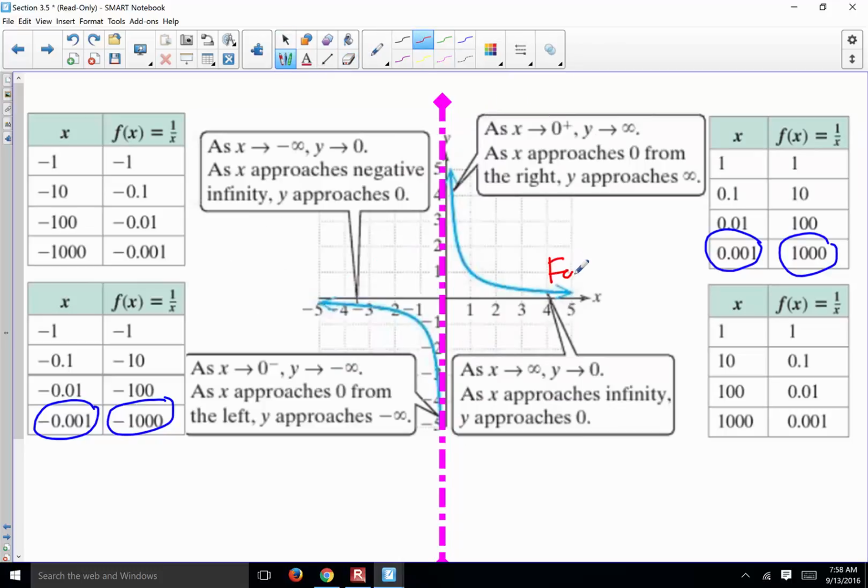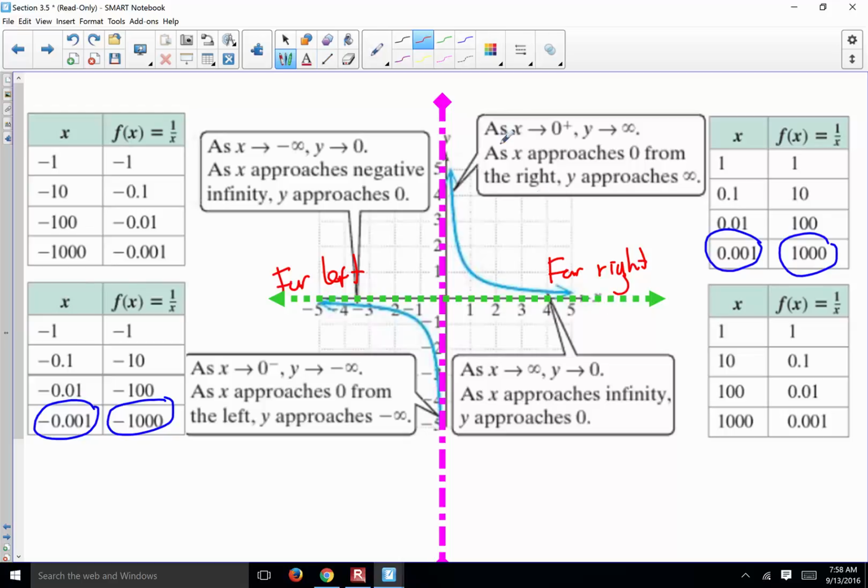This is far right. This is far left. What's going on at the far left and far right? On the far left and far right, my function is acting like there is an electric fence, this time a horizontal electric fence, and it's not touching it, it's avoiding it. I shouldn't be crossing this green line, right?